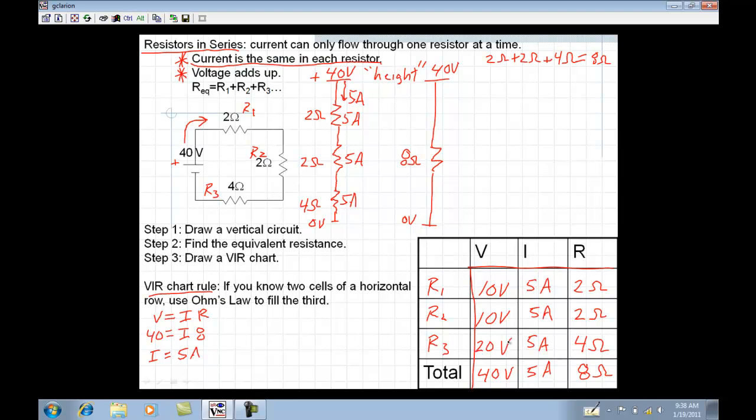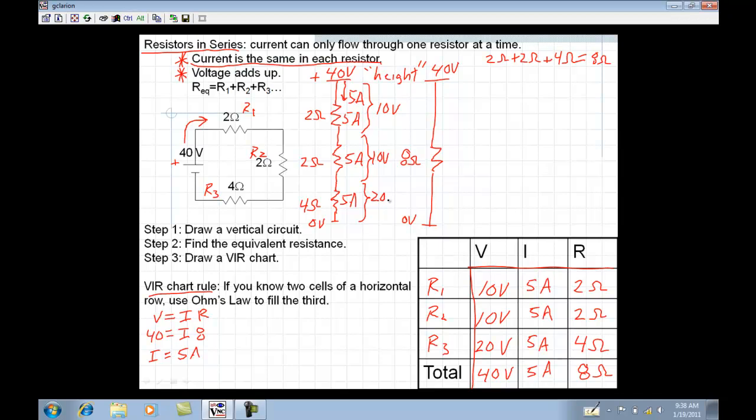So the analogy that I'd like for you to use is this analogy. This first height here, we would say is 10 volts. Okay, this next height here is also 10 volts. And finally, the final height there, would be 20 volts.